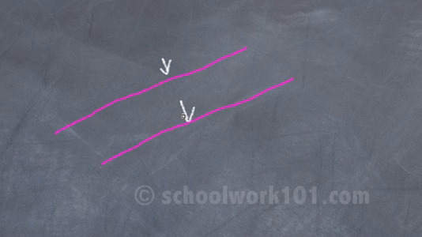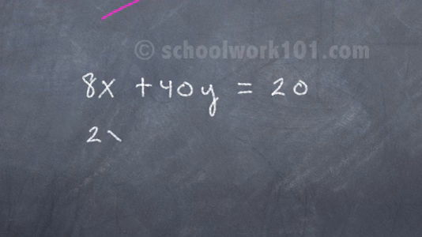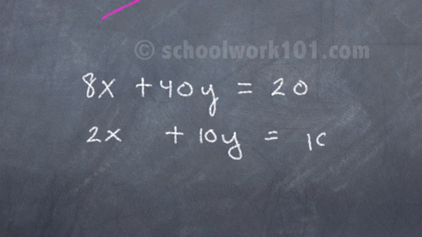Let's look at some algebraic examples here. Let's say that we've got an equation 8x plus 40y is equal to 20. And we got another one down here, 2x plus 10y is equal to 10.